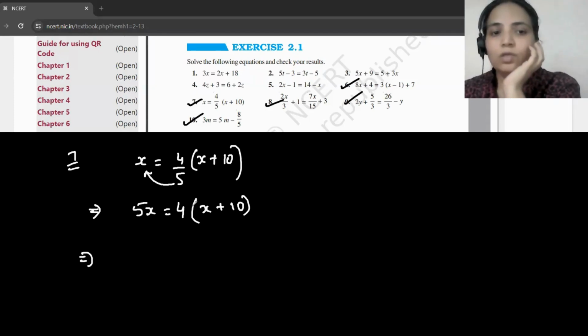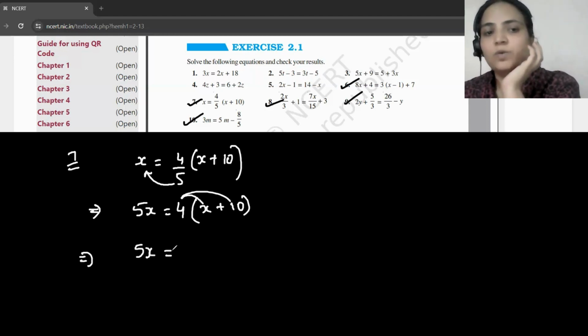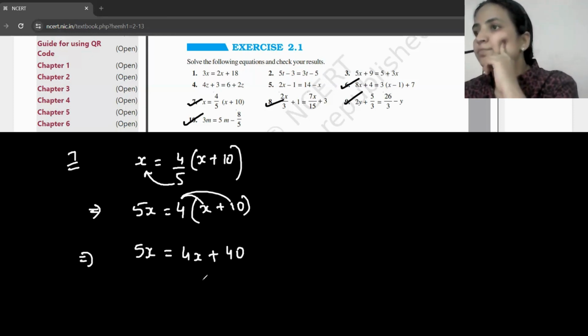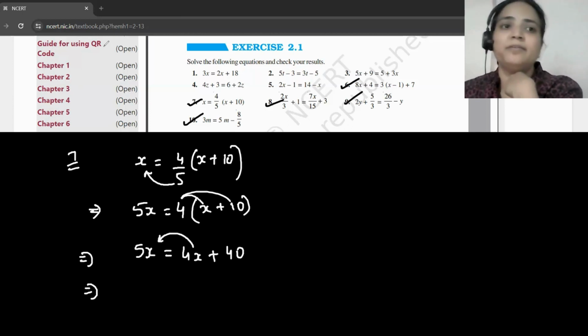Now, you'll open up the brackets here. So it will be 5x equals to 4x plus 40. Right? Now you'll transpose these like terms. X and x will be like, right?